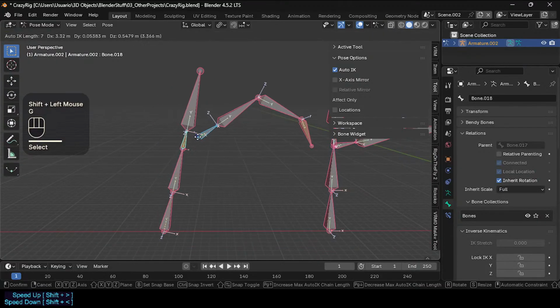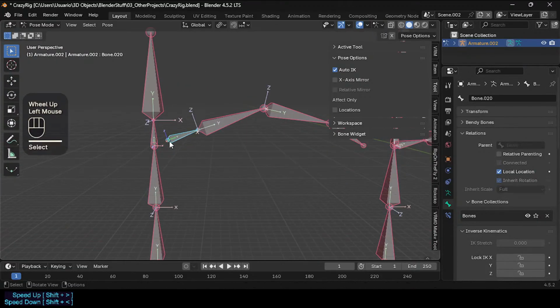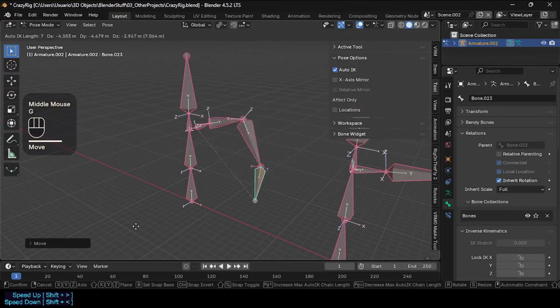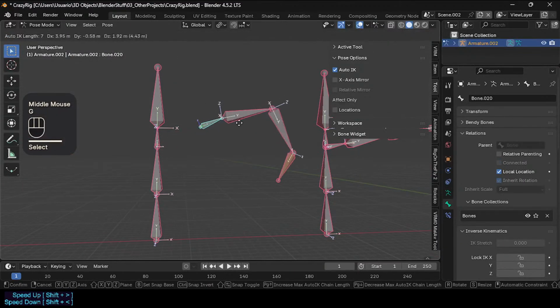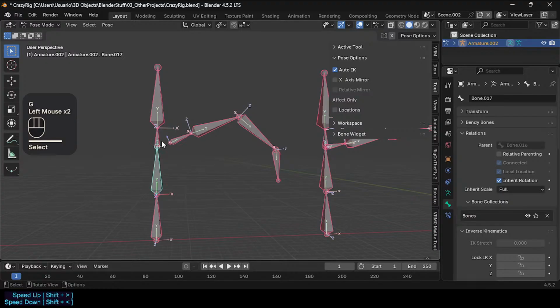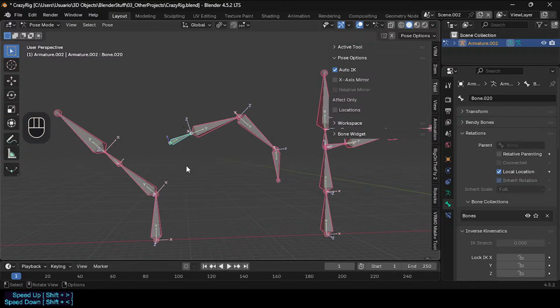And okay, but here, of course, if we leave a rig with an unparented bone, that can cause a lot of problems. So this is why this is not very effective right now. But you see, we have this, and yeah, it doesn't respond, because it's unparented, and this leads to a lot more complicated things.